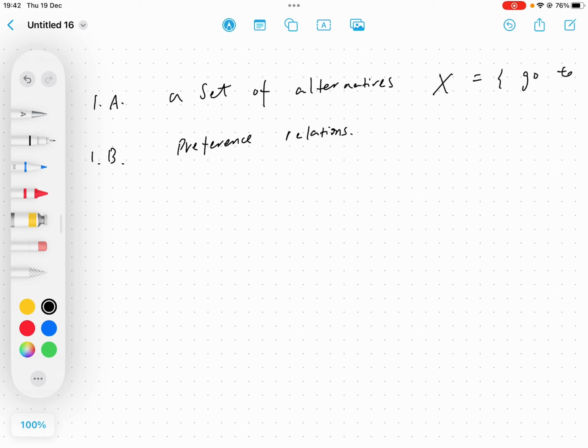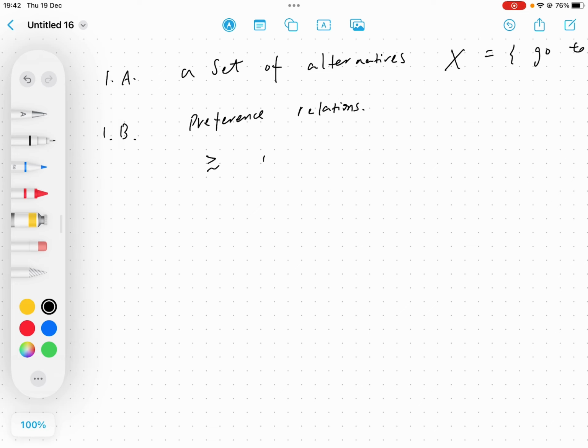Okay, so the objectives of the decision maker are all summarized in this preference relation. Okay, so this is denoted normally by this notation. It looks like a greater or equal to sign, but with a tilde below. Mathematically, this is just a binary relation defined on X, all the alternatives.